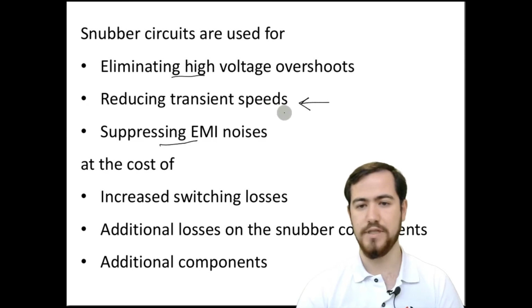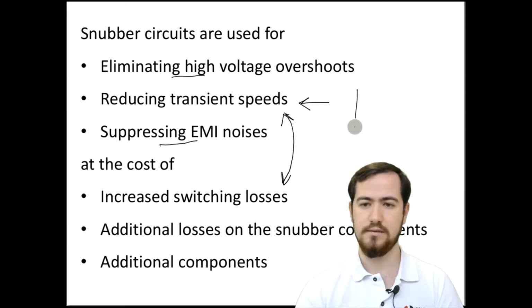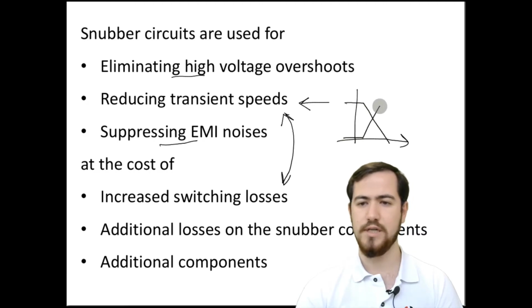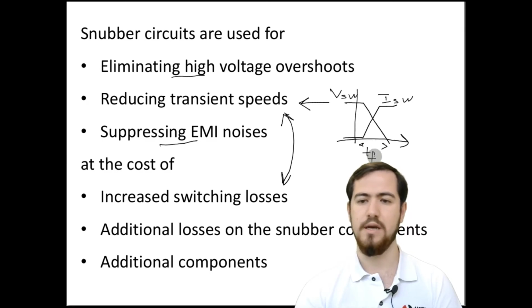As you can predict easily, the switching speed and the switching losses are directly related. Let's draw some curve. Whenever the voltage reduces and at the same time the current increases, let's write I switching and V switching. The duration of this, let's call it T fall with respect to the voltage.